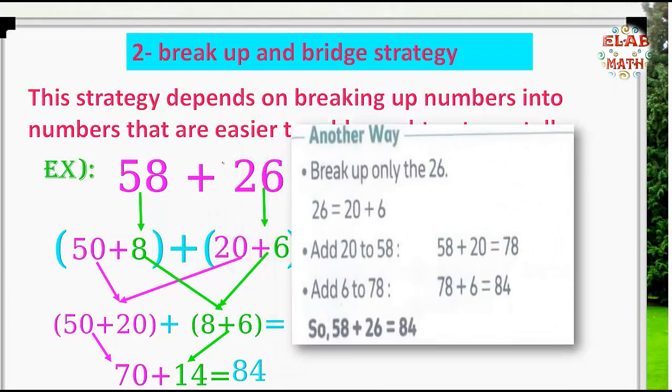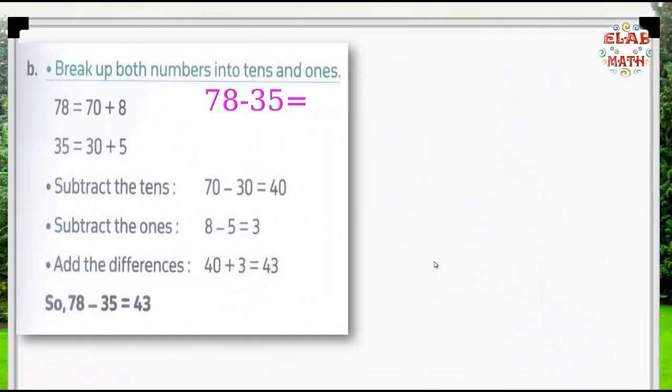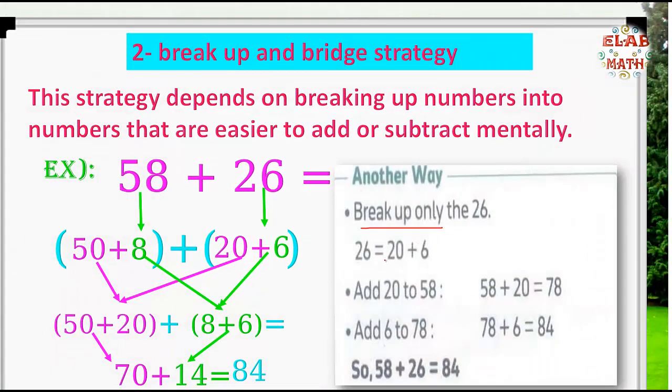And we can break up only one number, like this. Here we break up 58 and 26. But here we will break up only 26 in expanded form. 26 equals 20 plus 6.